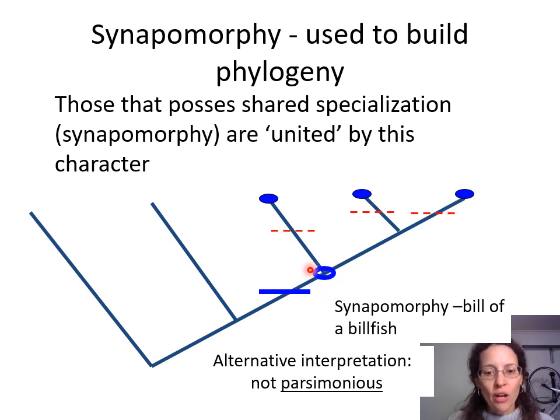The bill was evolved once, and then from that, we got all of our various billfishes. One evolutionary event that created all of these rather than 3 individual events. We do this because we believe this makes the most sense, that it would be the fewest steps, and that's generally how we determine which is probably the correct phylogeny, is that it is most parsimonious.